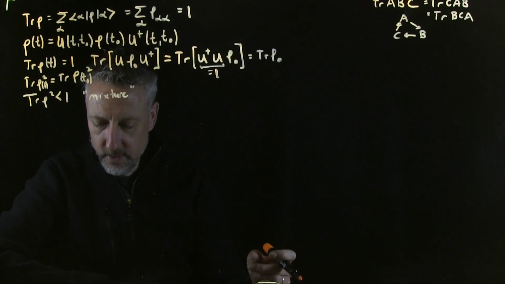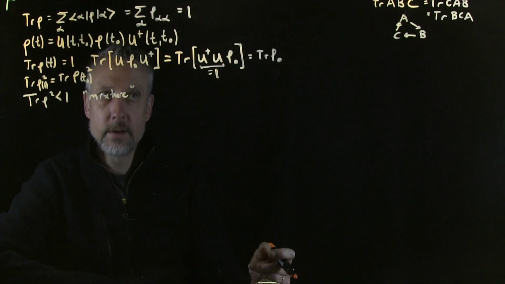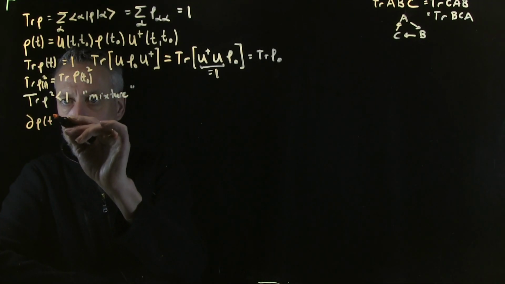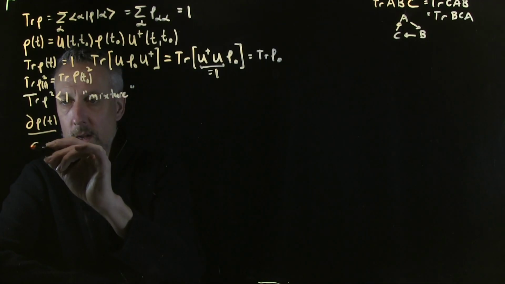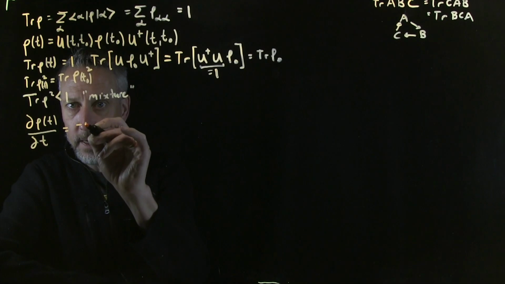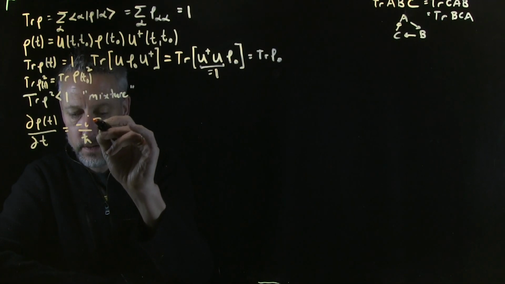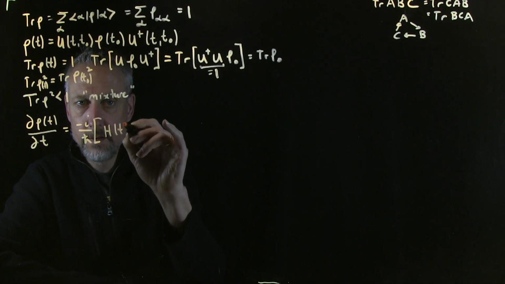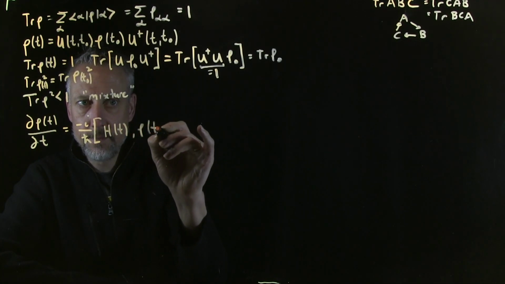Okay, and so we've already derived the Liouville equation, which I'll rewrite. The time derivative of rho is equal to minus i over h bar times this commutator, [H(t), rho(t)].